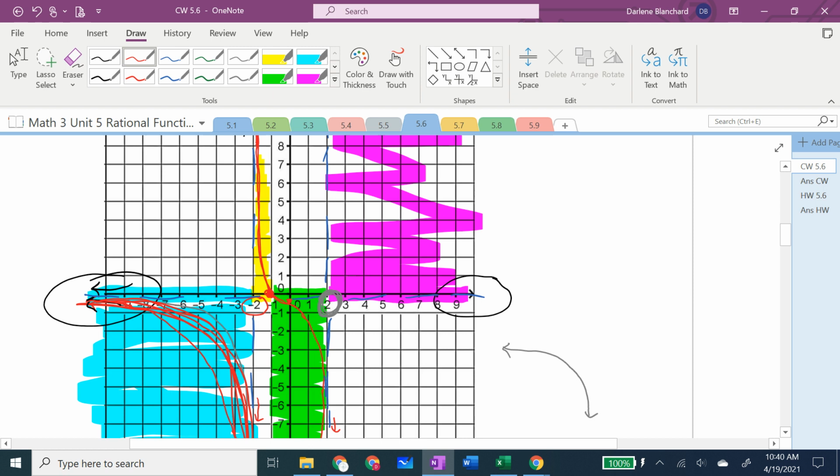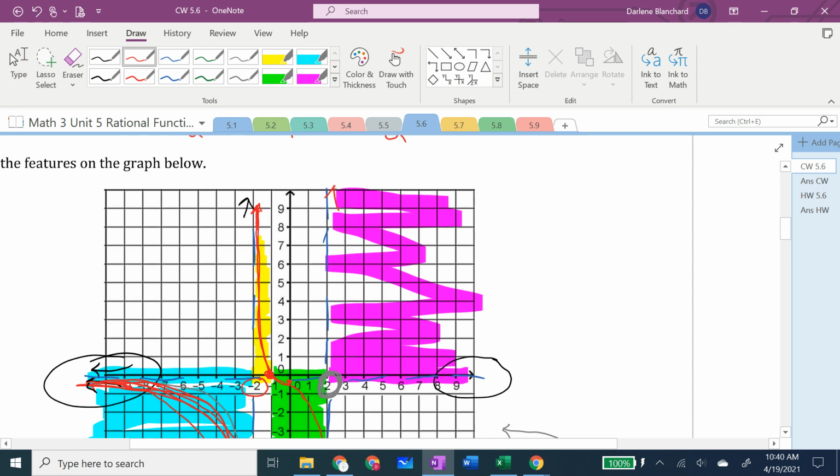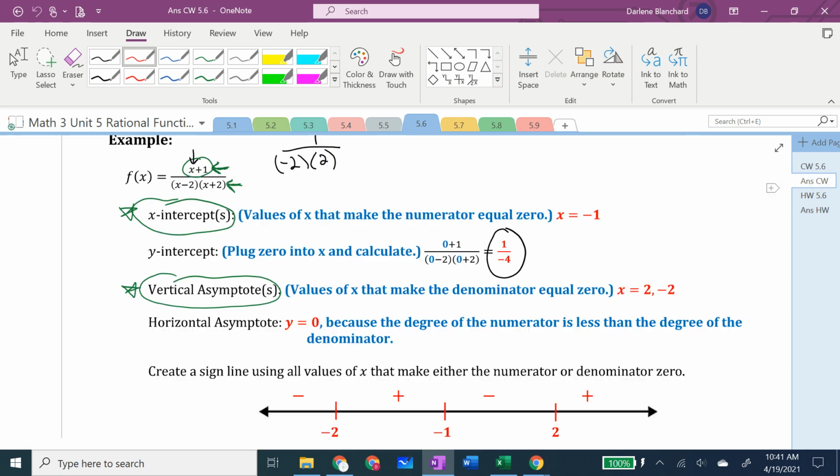I'm either going down it or I'm going up it. Because of the region I'm in, it must be up. My horizontal asymptote, I'm either coming from the positive side down to it or from the negative side up to it. Because I know where my region is, I know that my graph must do this. And all I want is a basic shape, and that's it. Just a basic shape.